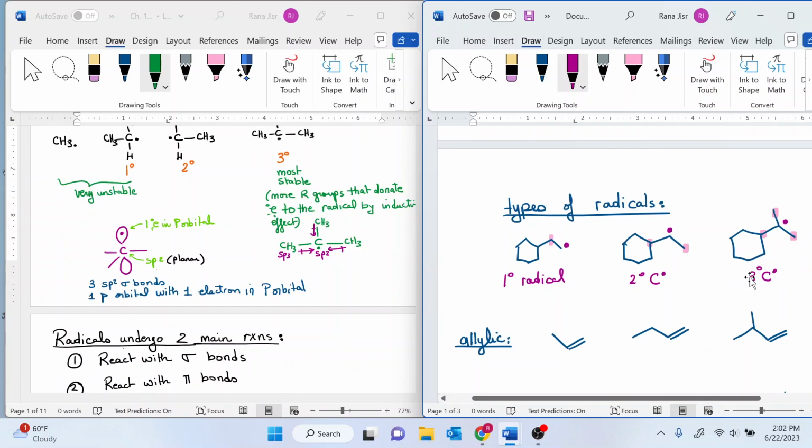Tertiary radicals are more stable than secondary and primary radicals. And we're going to give the same explanation that we gave for carbocations in organic 1. The reason for the stability of the tertiary radical is electron distribution by the inductive effect, or the pull of electrons due to the inductive effect.